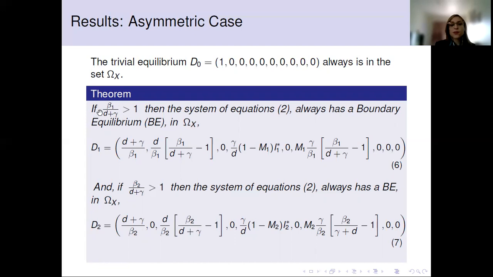So if this number is greater than 1, then we have a boundary equilibrium for one strain. And if this number is greater than 1, then we have the other equilibrium. Of course, we are going to define mathematically these two numbers as the basic reproduction numbers for the system.